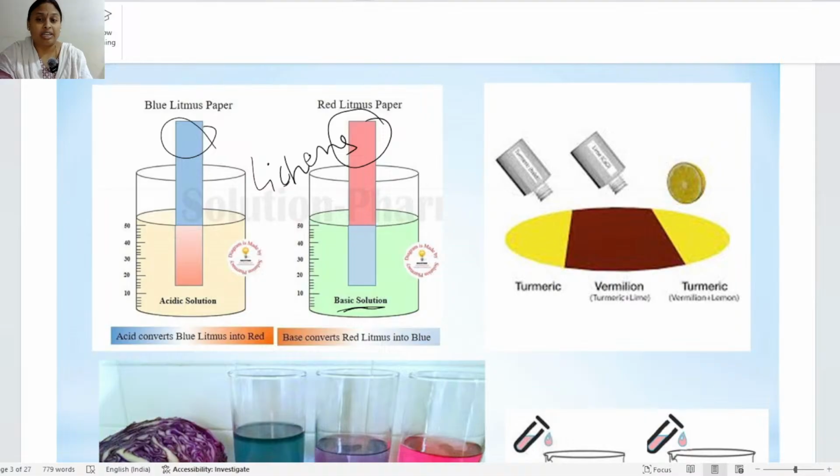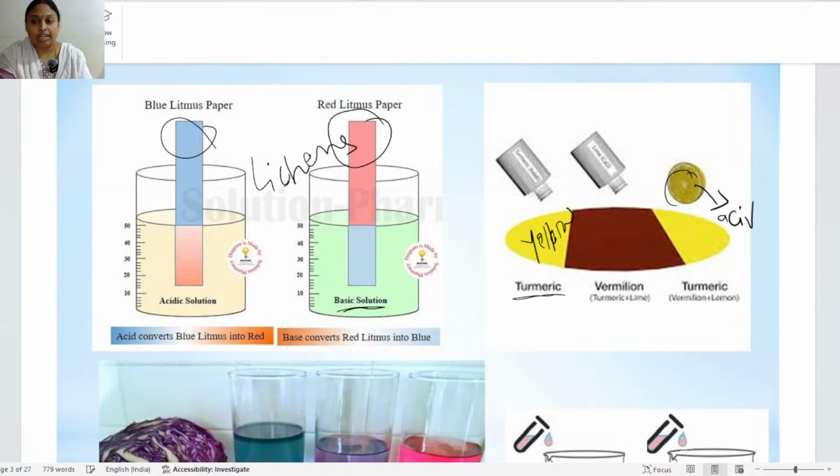Next, the second one is turmeric. At home we use haldi, known as turmeric. Generally its color is yellow. So the original color is yellow. Then if we add lemon here, this picture shows it represents the acid.